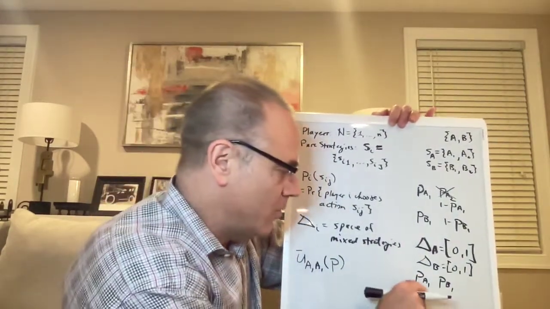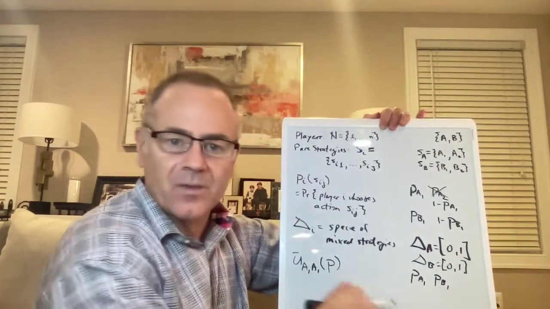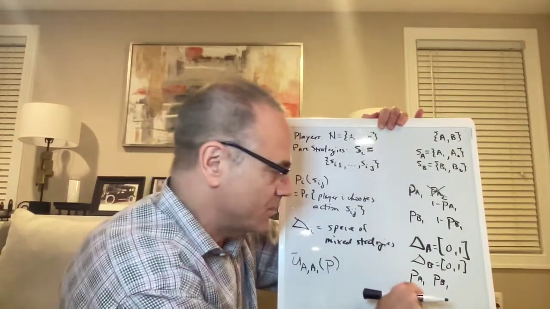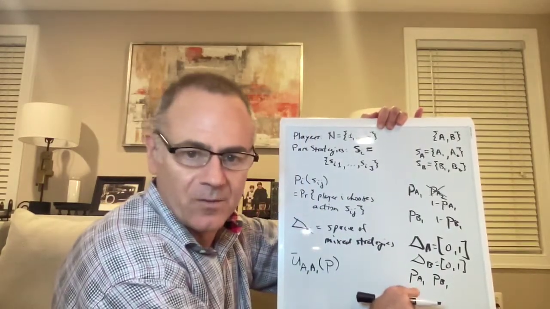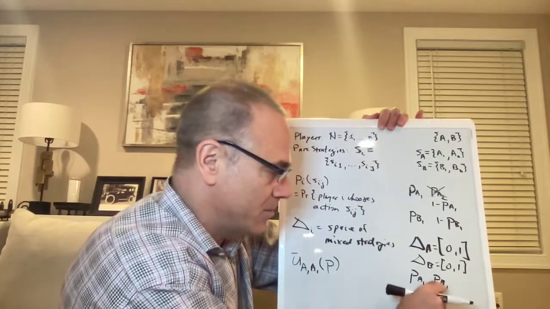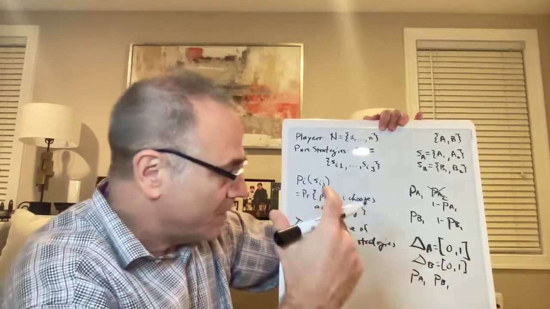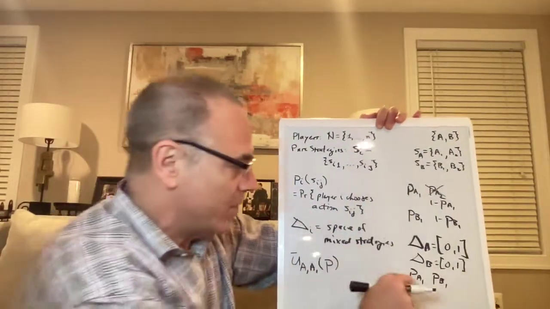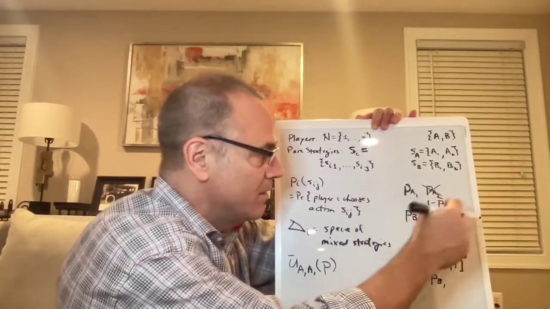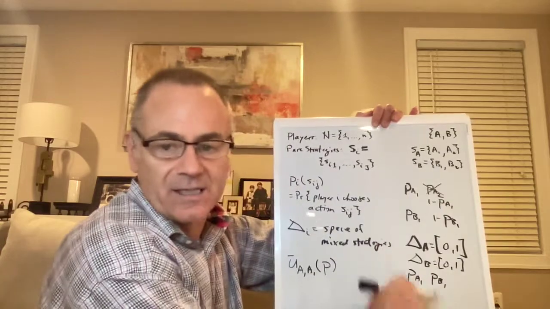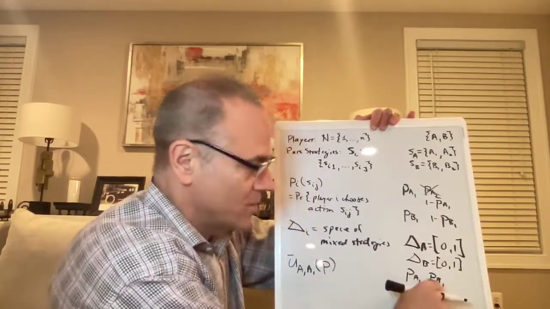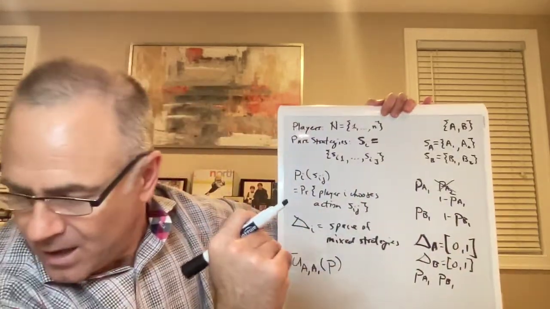So the equilibrium God announces a probability, player A plays A1, announces a probability, player B plays B1. Once we're given that, we know PA2, that's just 1 minus that, and we know PB2, 1 minus that.